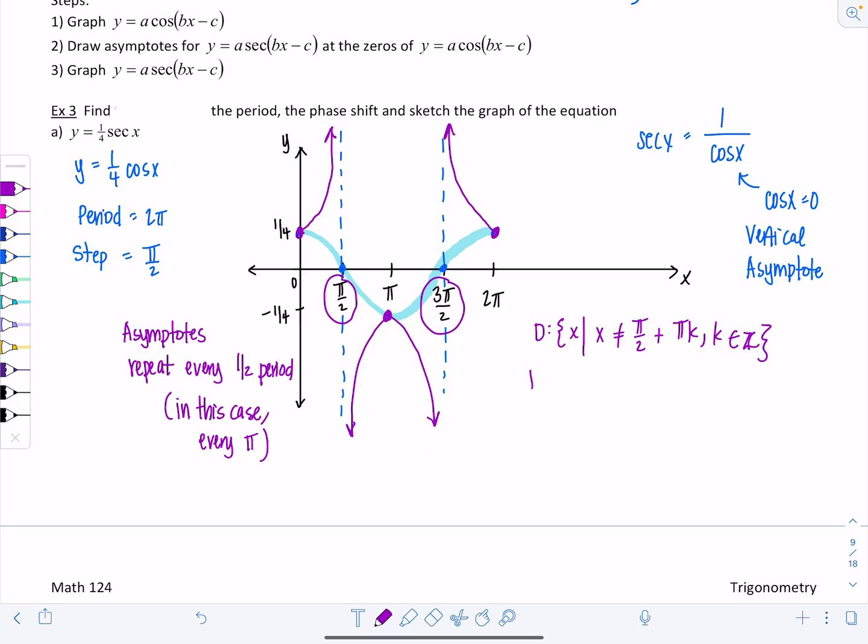And then the range, you have to be oh so careful. So the range is going to be given by two separate intervals because we have all of these portions of the graph that go from -infinity up to -1/4. And we're going to include -1/4. And then we have the other portion of the graph that goes from +1/4.